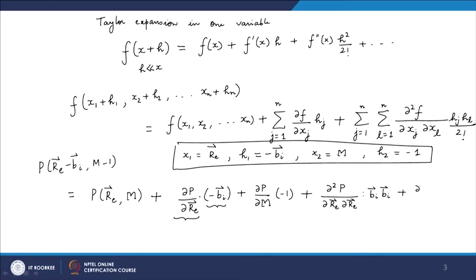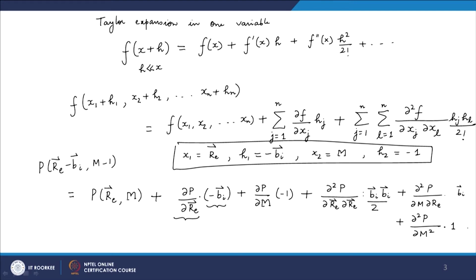Then what we also have are terms containing something of this sort, and something of this sort with only a Bi there, because we have minus 1 squared here, that becomes 1.